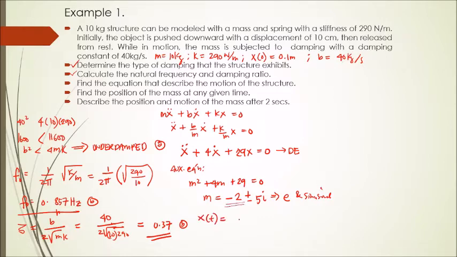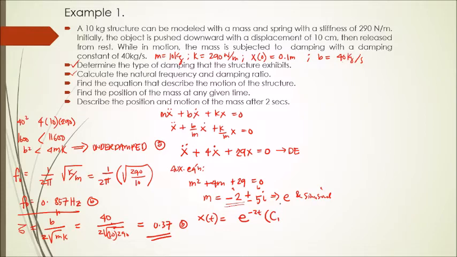Kani siya mahimo na ni siyang, hold on ha. From this one, ang formula na standard dapat ani is e to the at. So this is our a and this is our b, no? So this becomes e to the negative 2t times c1.